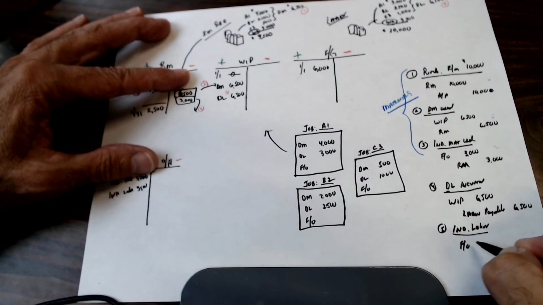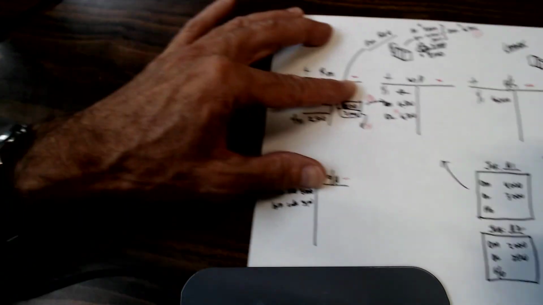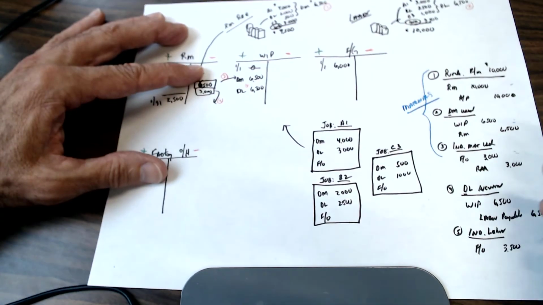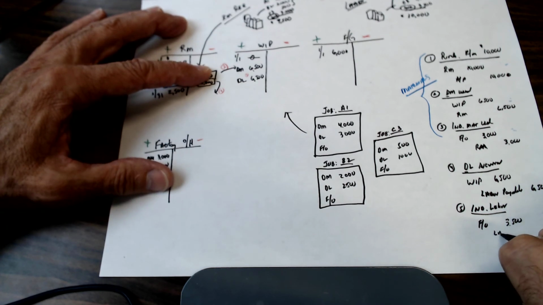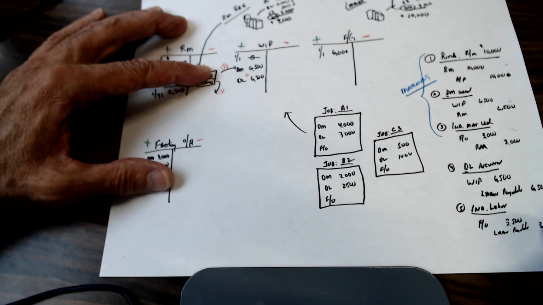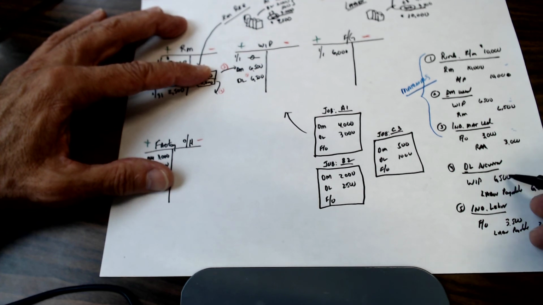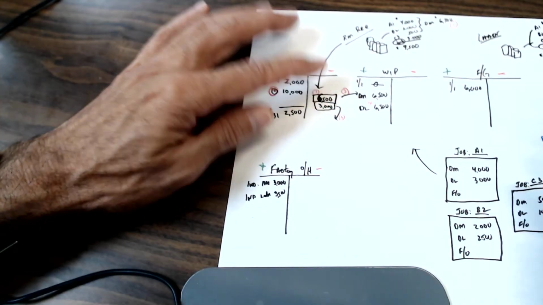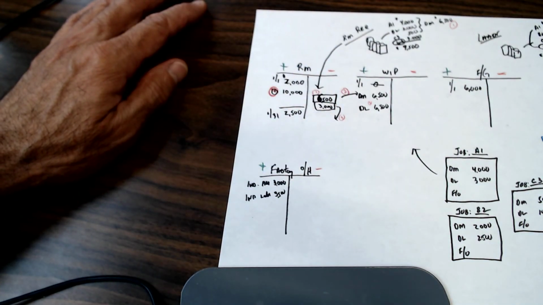We're going to debit factory overhead for 3,500. And credit, same thing, labor payable. I got to pay 10,000 in labor. 6,500 was directly charged to jobs. 3,500 was factory overhead.